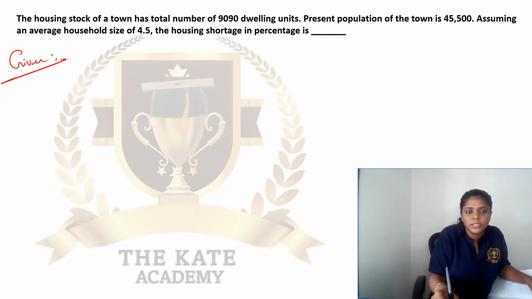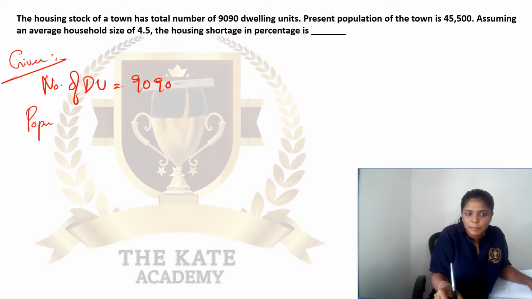Next is a population related question. The housing stock of a town has total number of 9090 dwelling units. Number of dwelling units becomes 9090. Population of the town is 45,500.